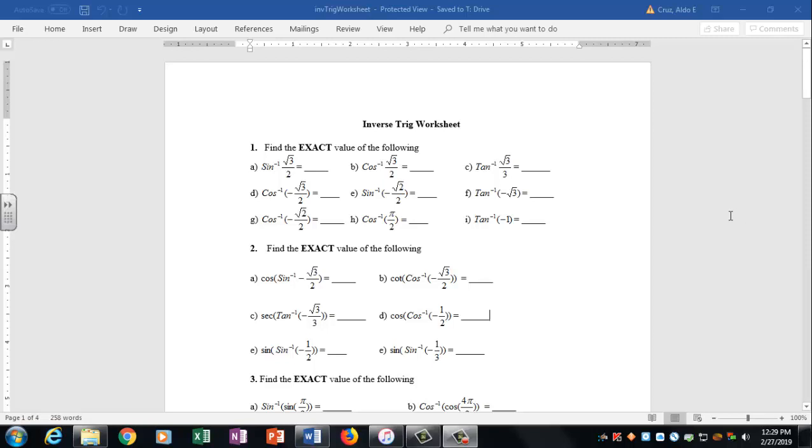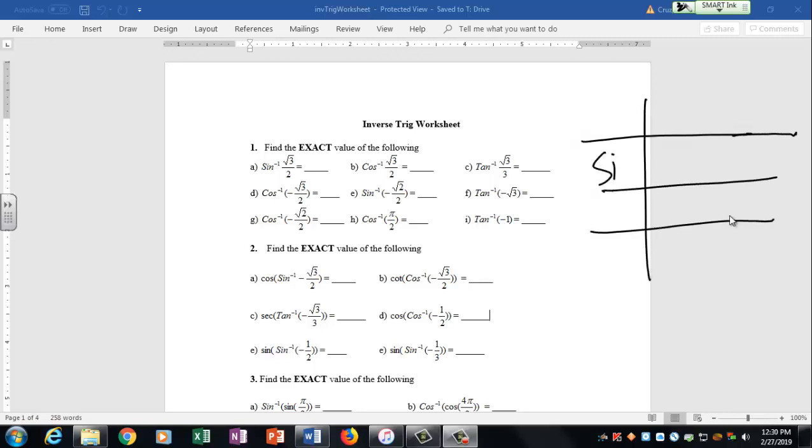So let's just kind of look at the first set, section 1. All right. What that's basically testing is, do you understand this chart? This is sine, this is cosine.